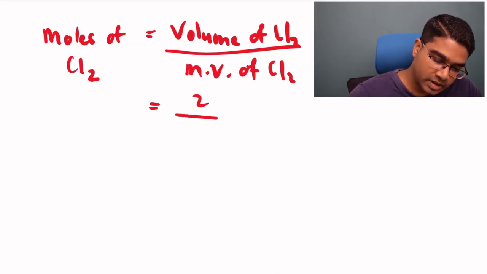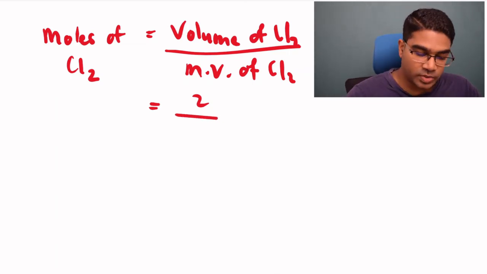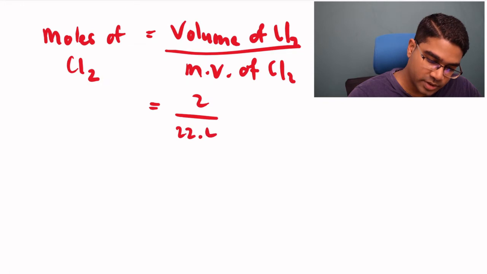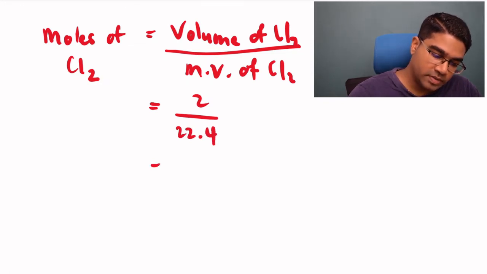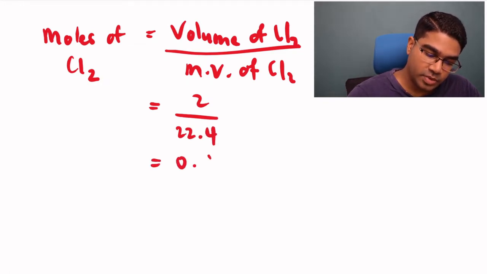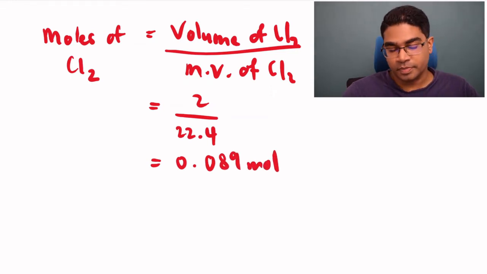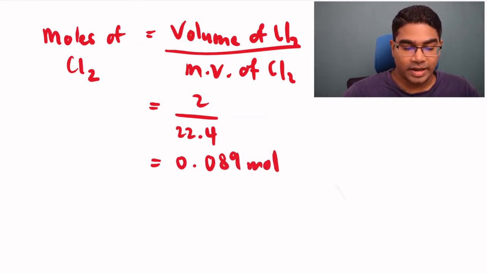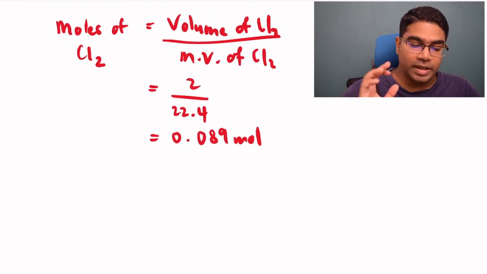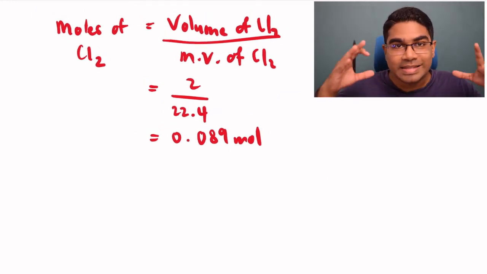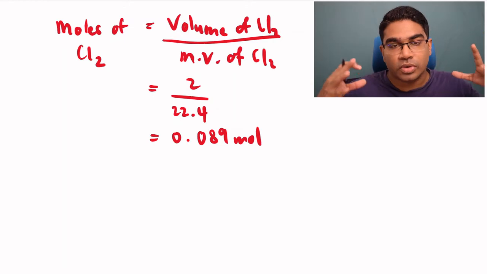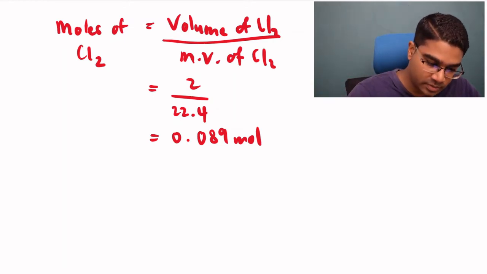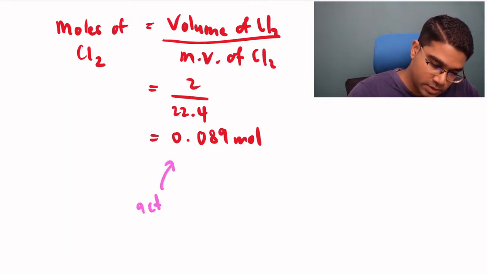Molar volume at standard temperature and pressure is 22.4. So divided by 22.4, this will give us 0.089 moles of chlorine. So there are 0.089 moles of chlorine that is actually there. This is the actual number of moles of chlorine. So let's write that down. Actual number of moles.